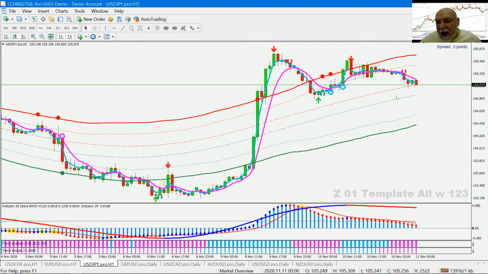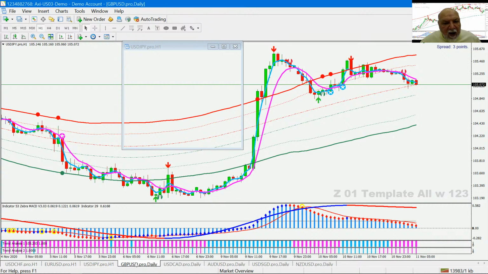So I will usually get a better than 1-to-1, better than 2-to-1 or 3-to-1 even for risk reward, which is always nice. But we have to be patient to try to find those and see those trades. All right, so we're looking at this. Remember, I'm not jumping into trades real quick. I'm a little bit more patient.